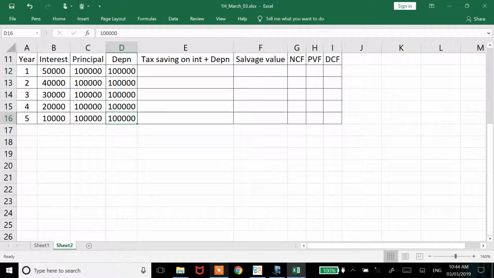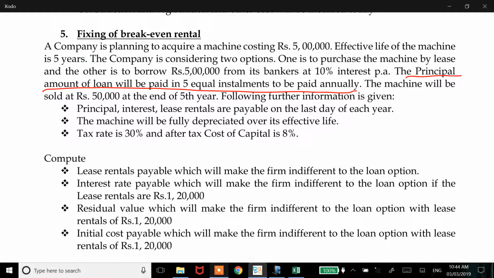Fully depreciated, that's the question's requirement. The machine will be fully depreciated over its effective life. One lakh is the amount. My tax saving is, what's the tax rate they have mentioned? 30%.